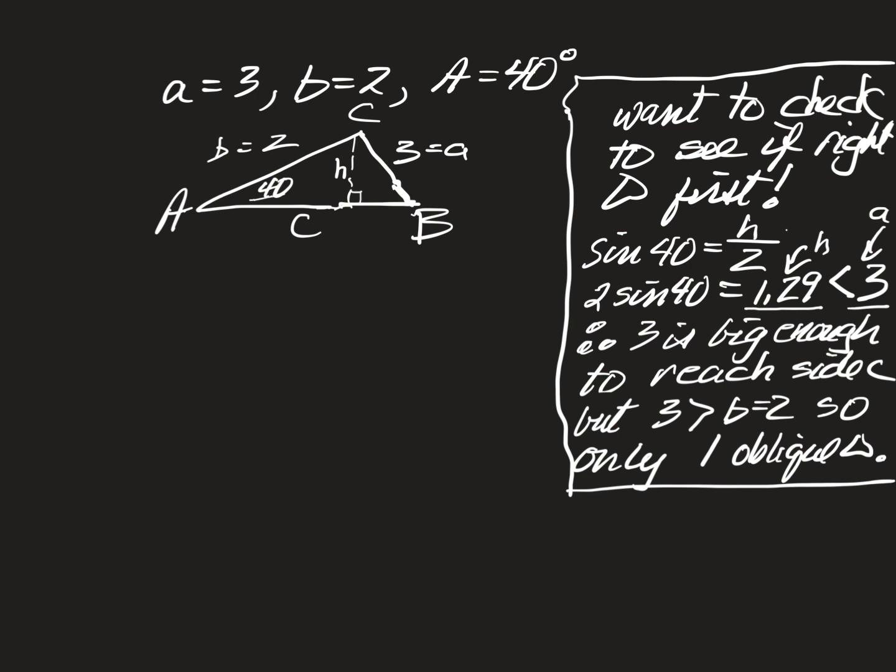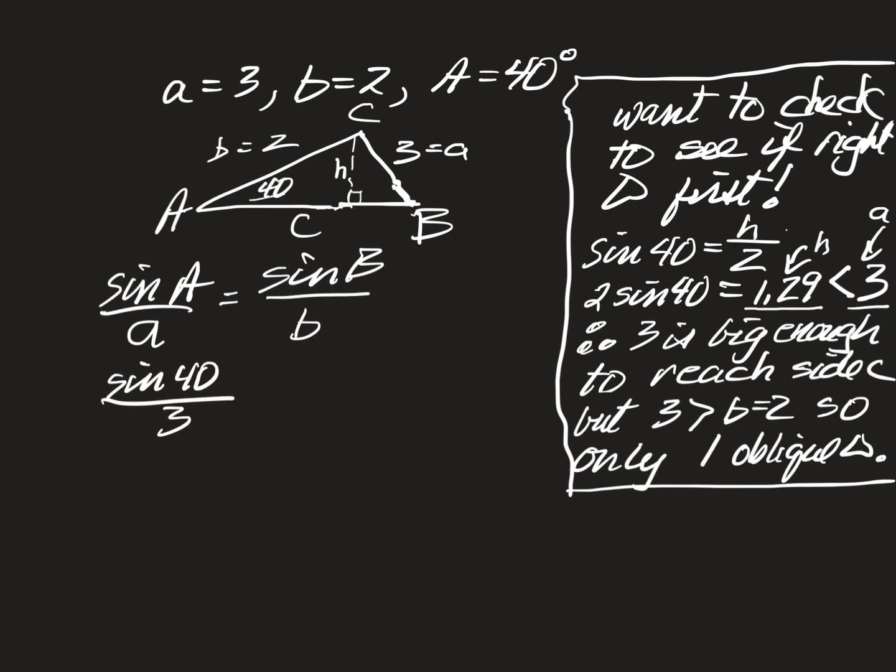So now, once I've got that all set up, I can set up the law of sines to solve this. I know there's only one triangle, so I can do sine A over A is equal to sine B over B, okay? And that gives me then the sine of 40 over 3 equals the sine of B over 2.